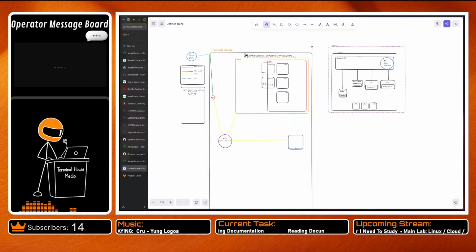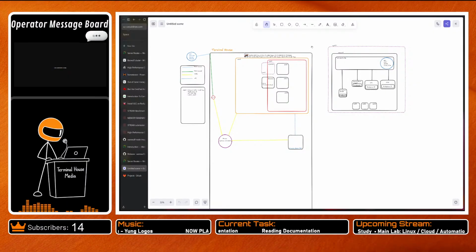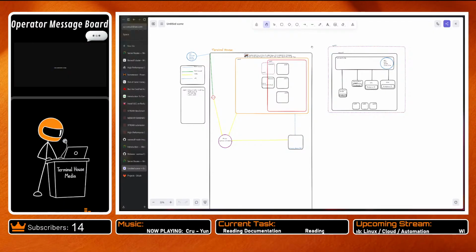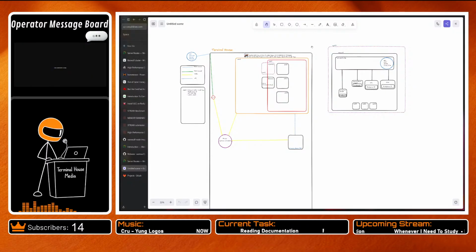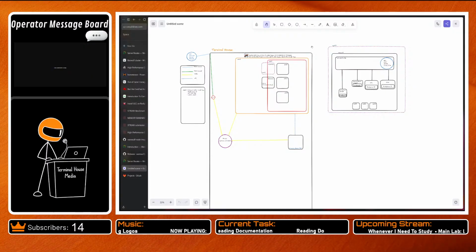I did that in Procreate on my iPad, going through a lot of notes at work and really trying to connect the dots of how HPC works. I don't have that in Excalidraw, but I do have that on my iPad. Let me go to Procreate real quick.